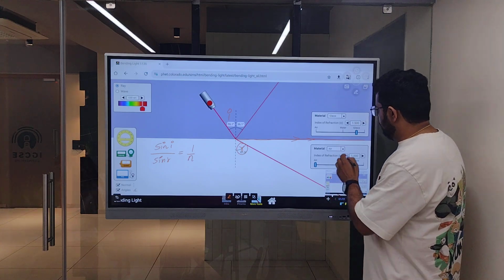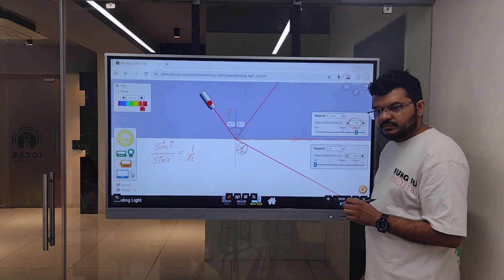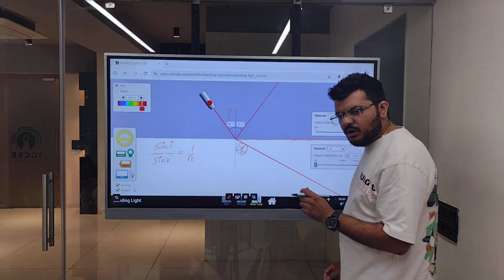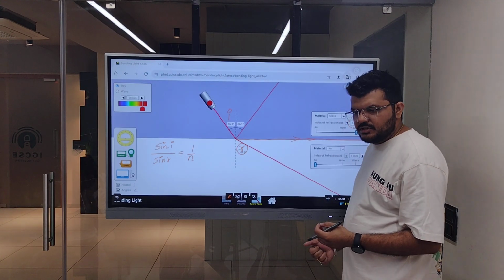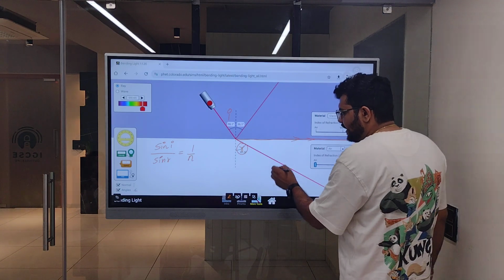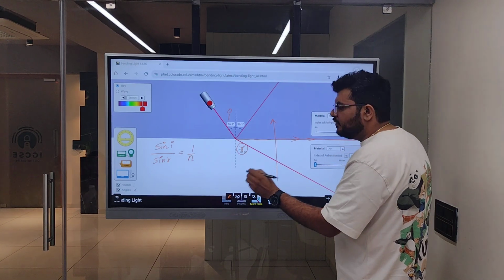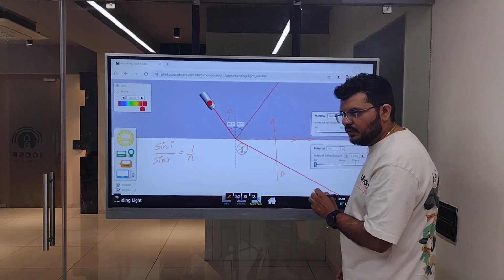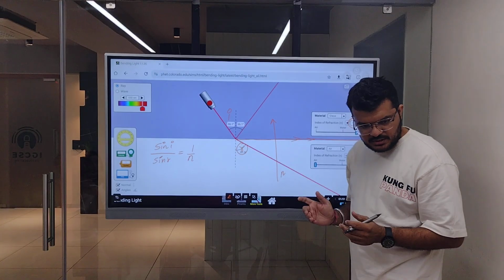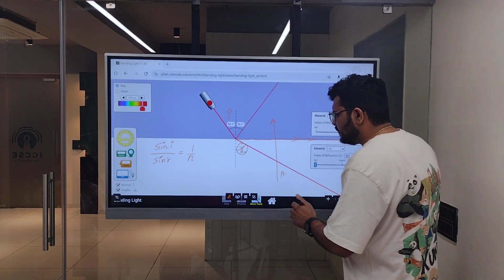We have always calculated refractive index when light is going from rarer to denser. So if the refractive index is n when light is going from rarer to denser, for the reverse path it has to be 1 by n. Makes sense?